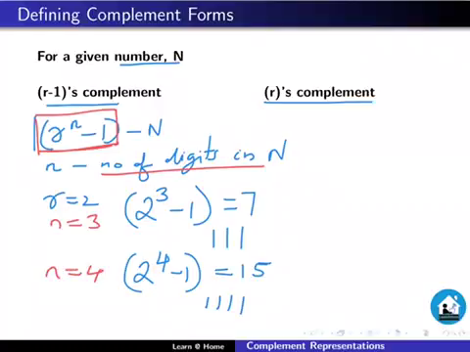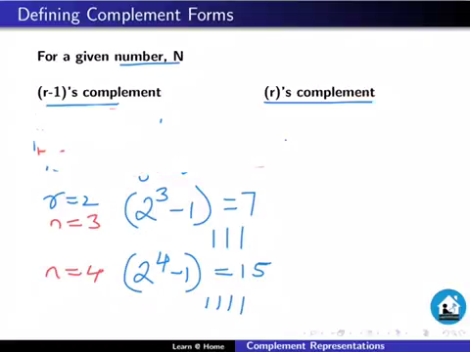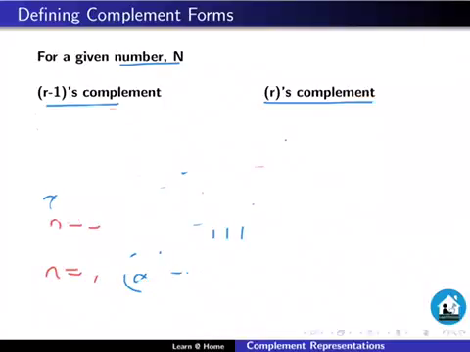So with this idea, we can try to find out the r minus 1's complement of a binary number. Let us take an example. Consider a number 1010, and let us find the r minus 1's complement of 1010.